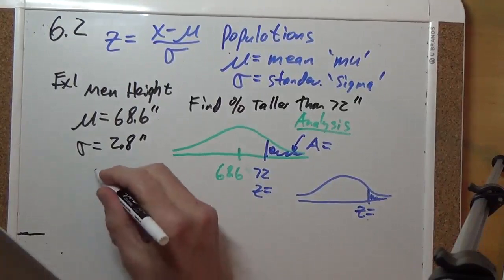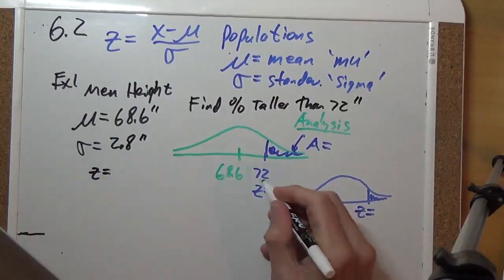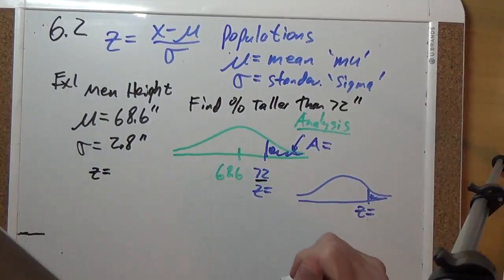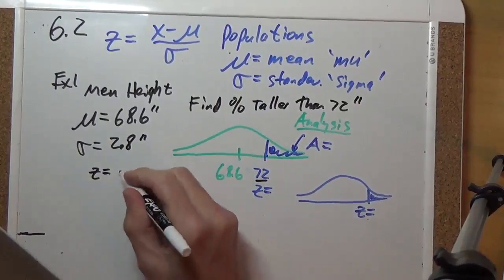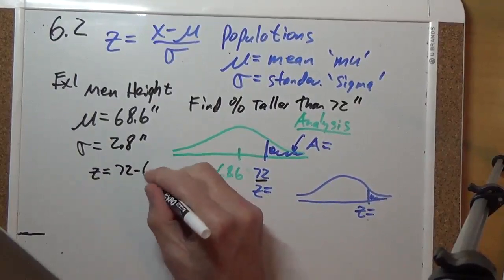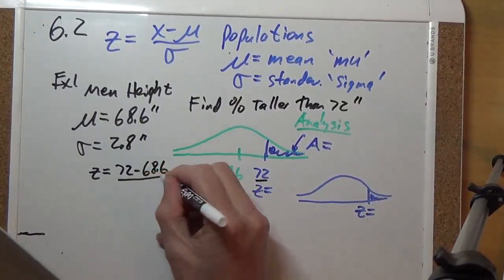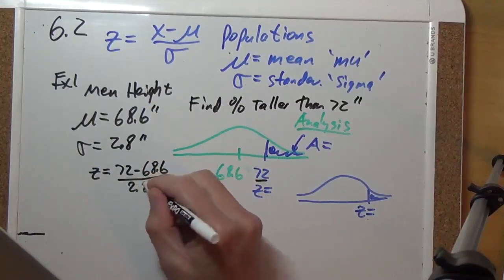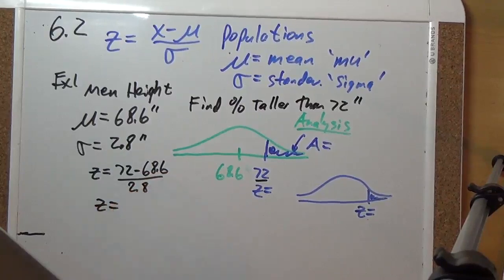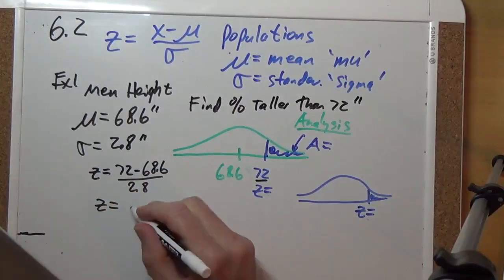We just plug it in, everything we know. Our x is now our individual person, 72. Subtract the mean, divide by standard deviation. So I get a z-score of 1.21.